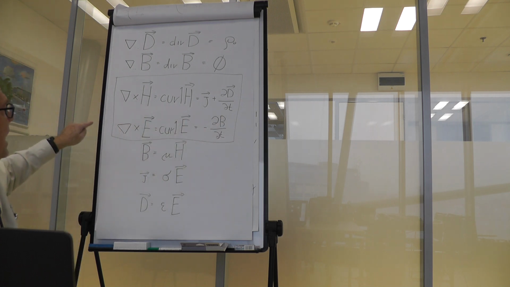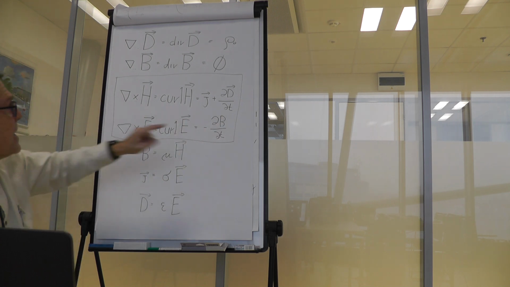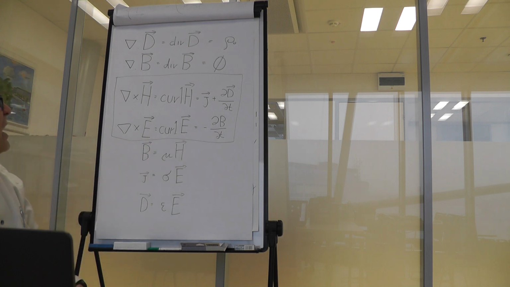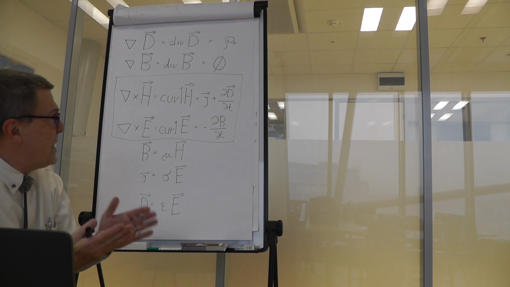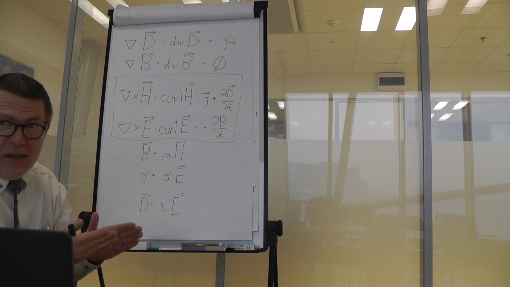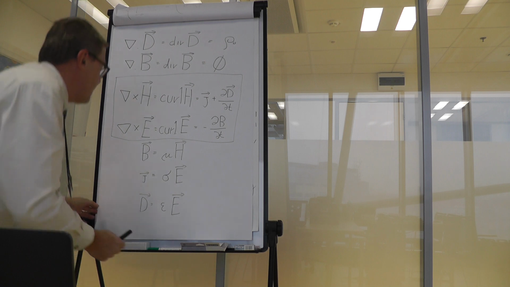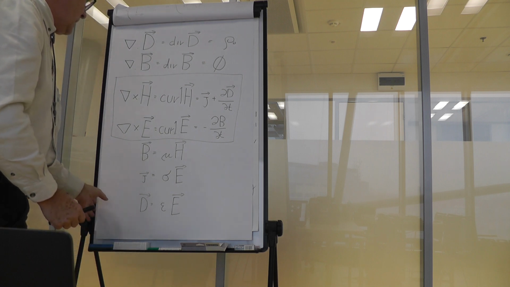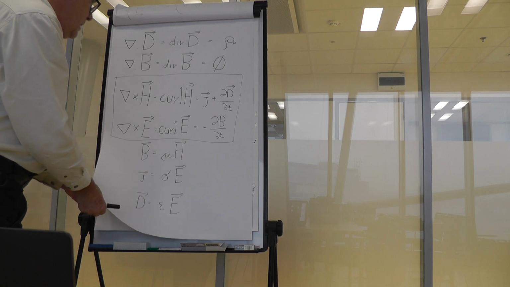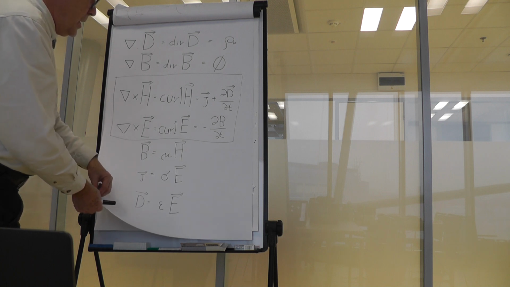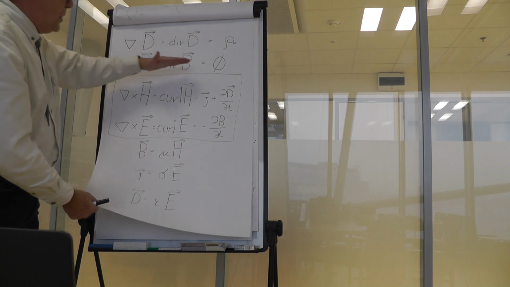So there will be again a nabla times this and a nabla times this on the right side. So let us do that first to find out what happens. Now I will rewrite both two equations.